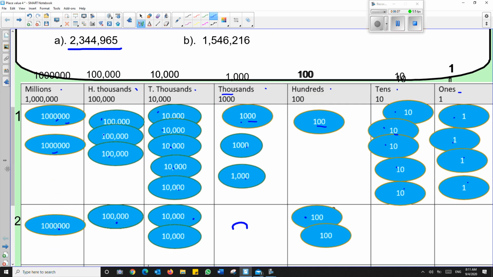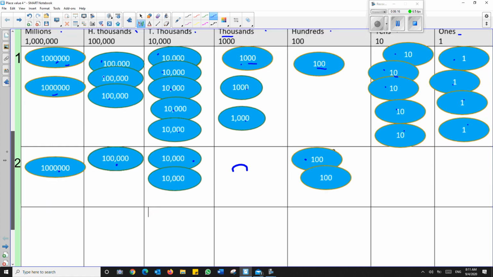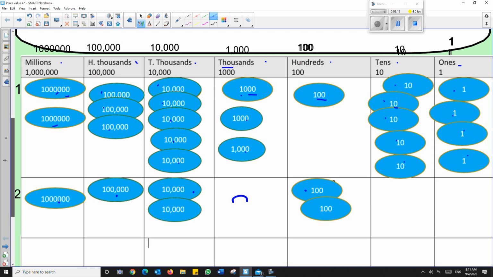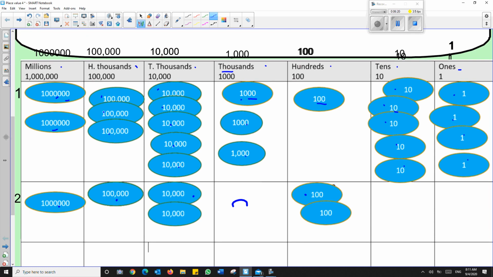So first we are going to represent digit 5. In ones, there are 5 ones.